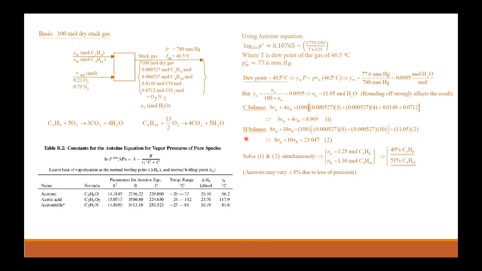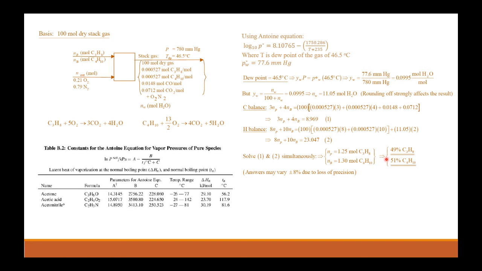Do the same for H, but don't forget that for H, we also have H2O, so remember to include your H2O in your H balance, and you will get equation 2. Solve equation 1 and equation 2 simultaneously to get this.